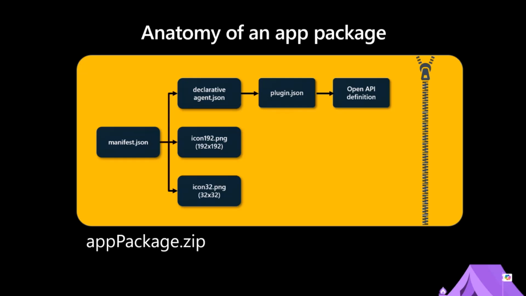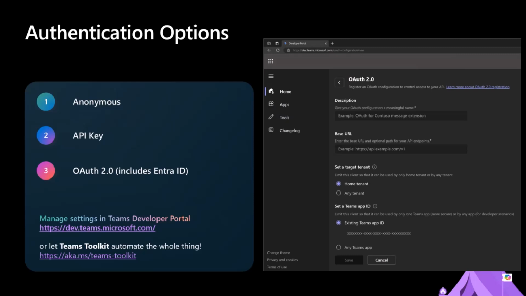Copilot supports three options for this. One is anonymous. Great for demos because it's very easy to set up, but not really realistic. The second option is an API key. You've probably seen these before, where you're given a key that you put in each request, and then it knows that you are a certain developer or you're legitimate. I'm not going to talk too much about these, except I will point out that they are supported.